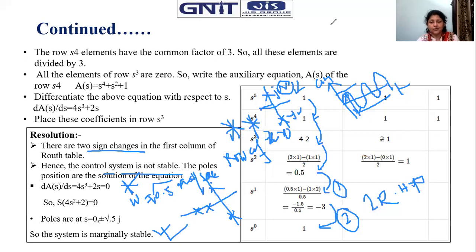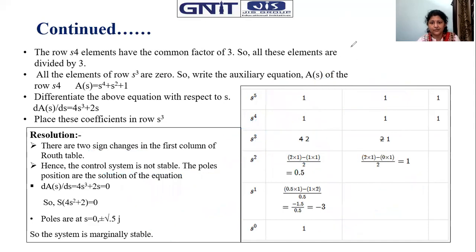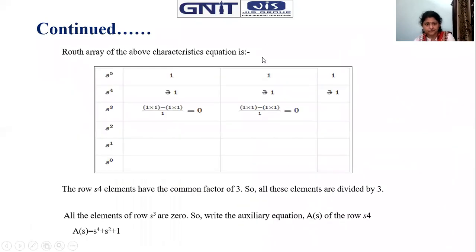Today is beyond the scope of other numericals, so we are continuing the Routh array. For this case, we get the auxiliary equation, and we find the complex conjugate pole pairs.